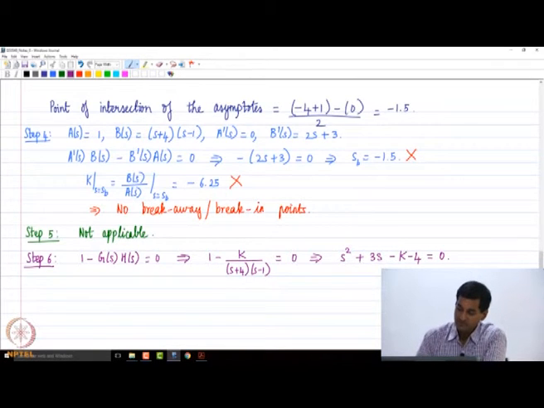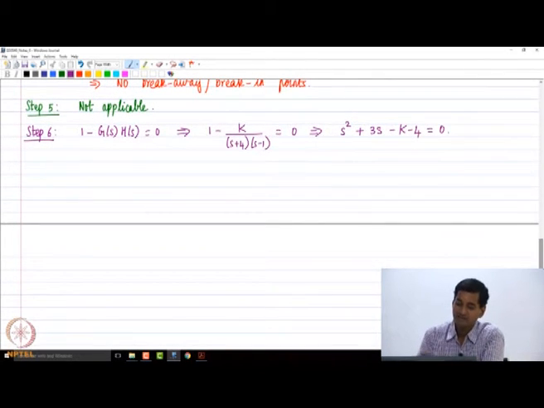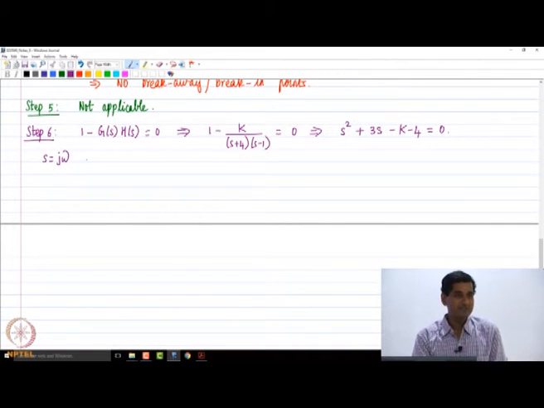Now, in this closed loop characteristic equation, you substitute s equals j omega. Why do we substitute s equals j omega? Because on the imaginary axis, the structure of s is of the form j omega, because the real part is 0. That is why we are searching for solutions of this structure.